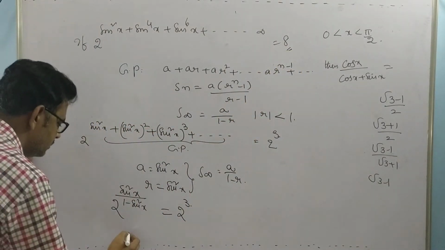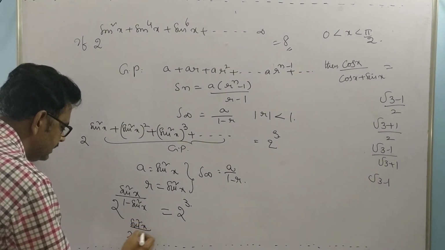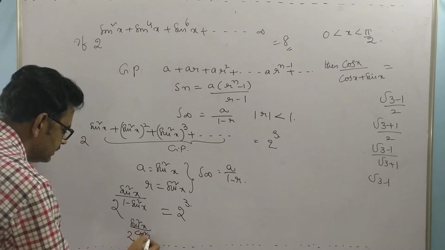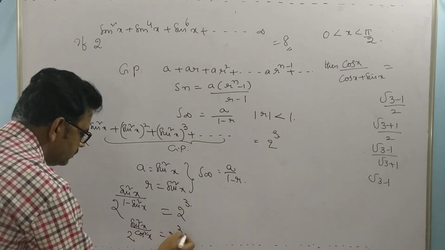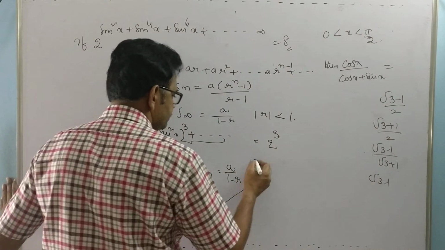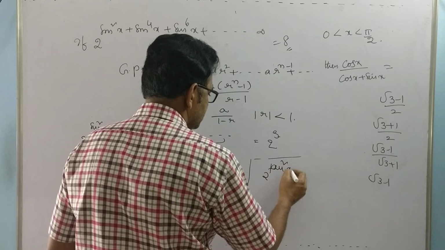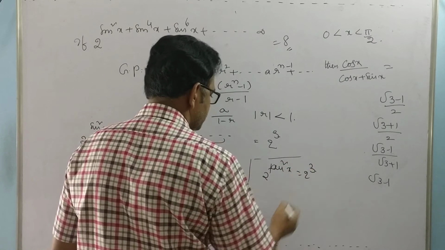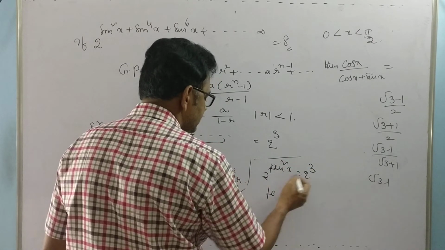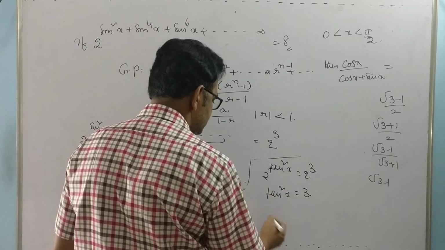So this is equal to 2 power sin square x by cos square x, equal to 2 cube. That is 2 power tan square x equal to 2 cube. Therefore bases are equal, equating the powers: tan square x equal to 3.